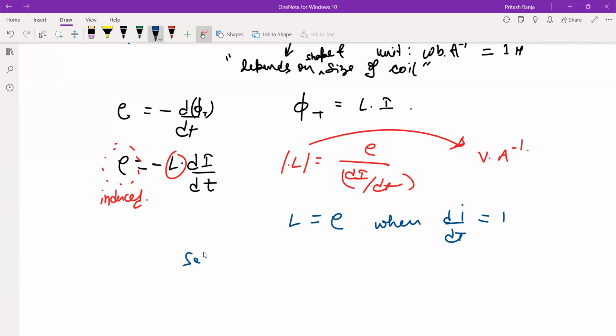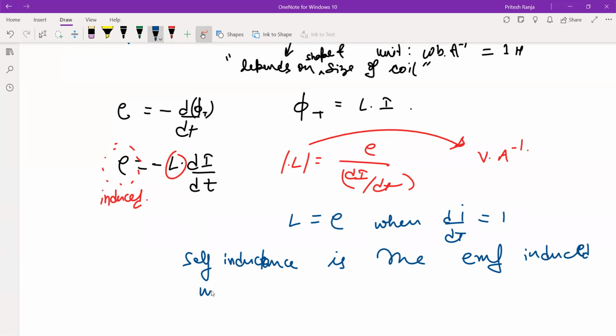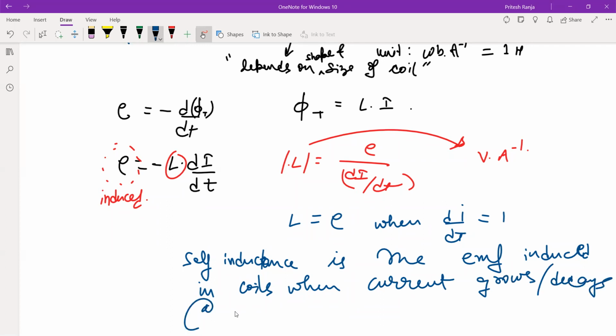That means we can define self-inductance is the EMF induced in coils when the current grows or decays at the rate of 1 ampere per second.